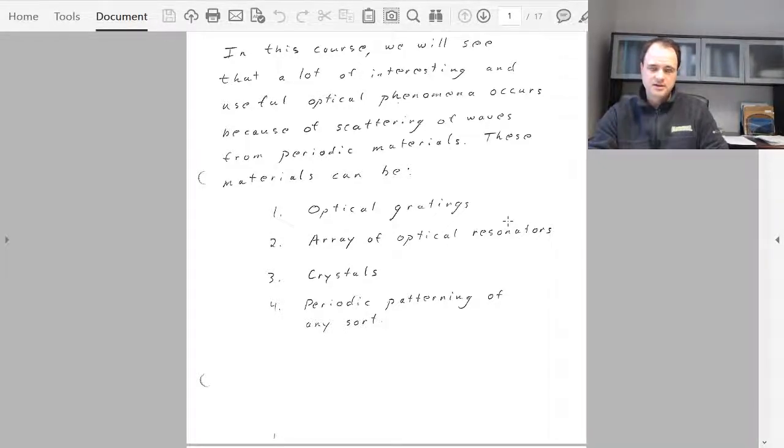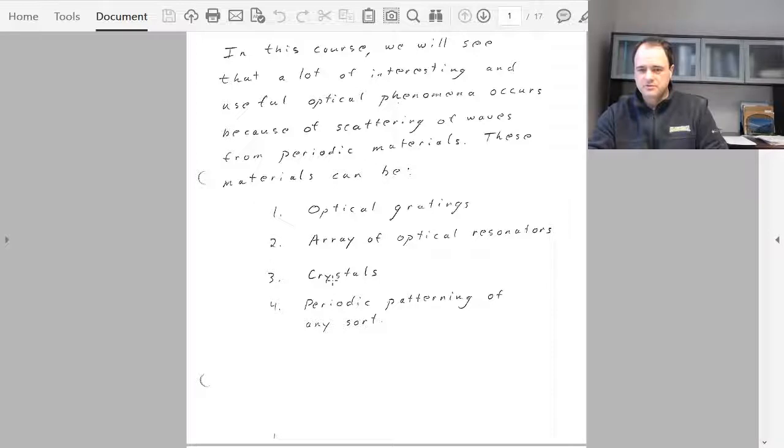That optical phenomenon of far field diffraction is due entirely to the periodicity of a structure on a substrate. Also in this course, we'll be looking at photonic crystals. Photonic crystals essentially are an array of optical resonators, dielectric resonators. And so what we'll do today is absolutely essential to the treatment of photonic crystals.